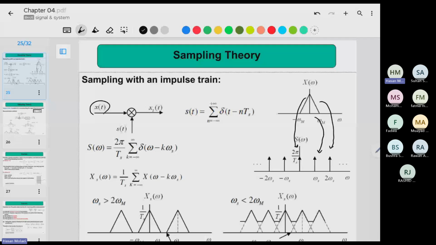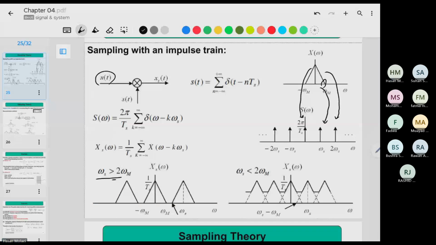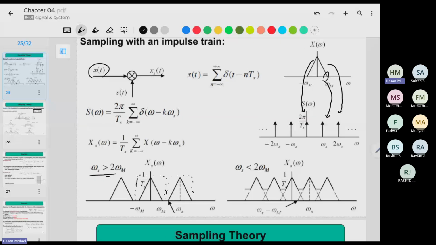Depending on whether omega s is bigger than 2 omega m, where omega m is the maximum frequency that exists in the input signal, we can easily see separate periodic copies of the input signal.